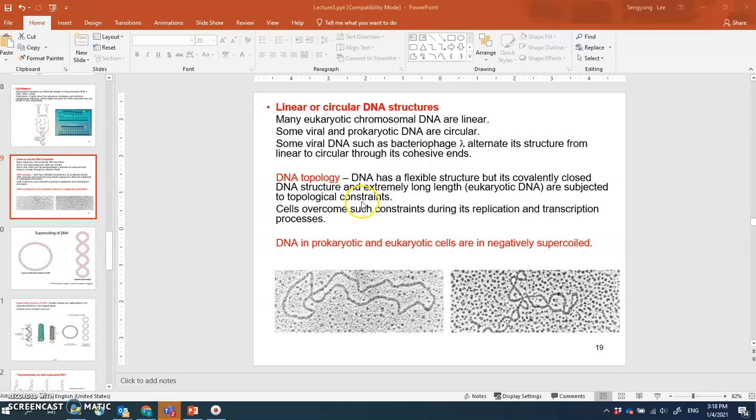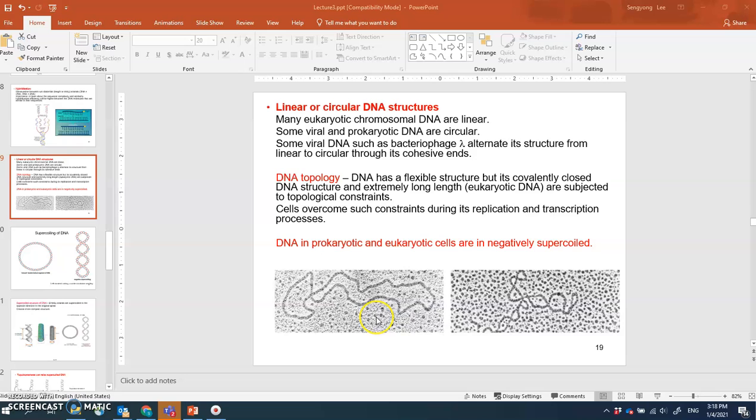And the DNA topology. DNA has a flexible structure, but it's a covalently closed structure with extremely long length, so it is subject to topological constraint. Topological constraint means it coils up like this.